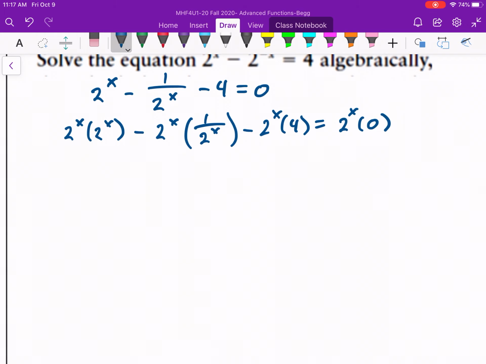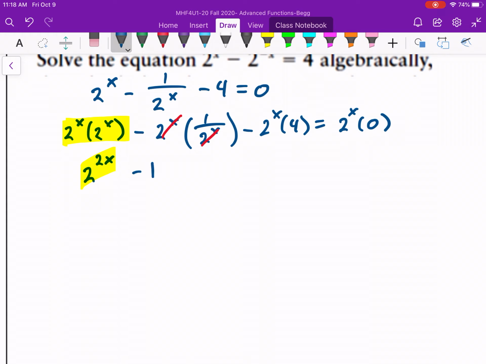When I simplify this, remember, let's go back to another power rule. Multiplying powers with the same base, we add the exponents. So what I've just highlighted in yellow is going to actually become 2 to the 2x, 2 to the x plus x, which is just 2x. And when I multiply 2 to the x times 1 over 2 to the x, these just cancel out, so I'm just left with minus 1.